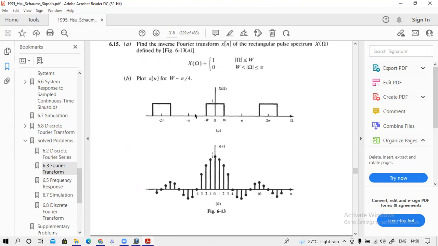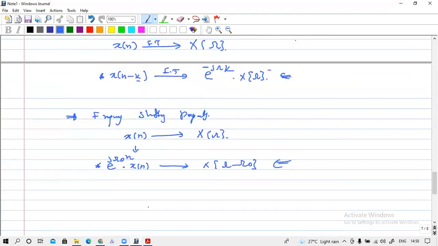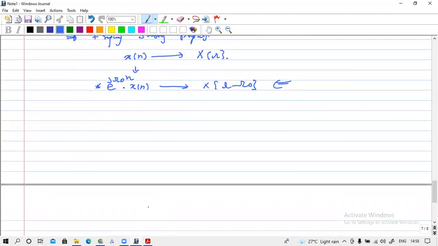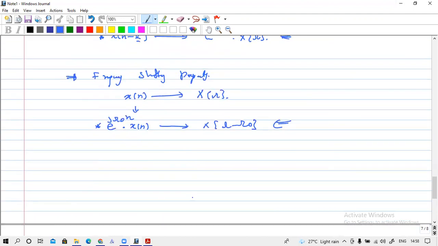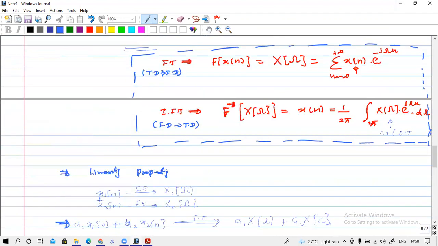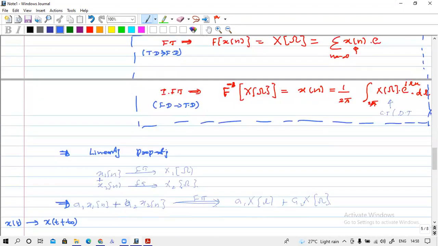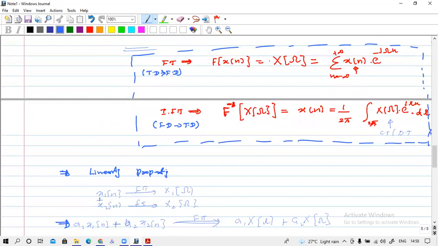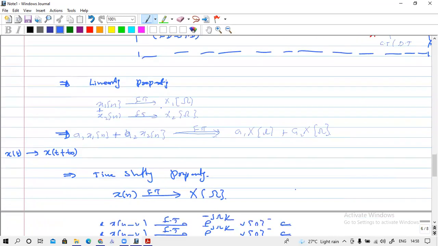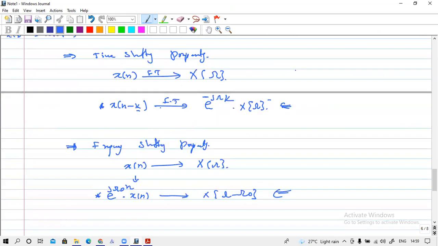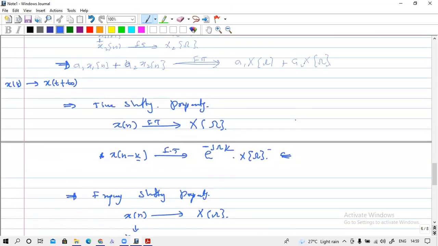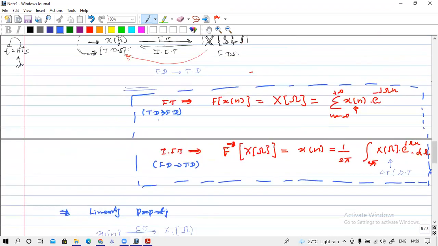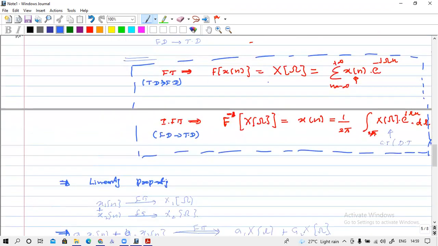Now we will take one example. Basically these are the things you should know. We discussed up to this level the Fourier transform of discrete signals.